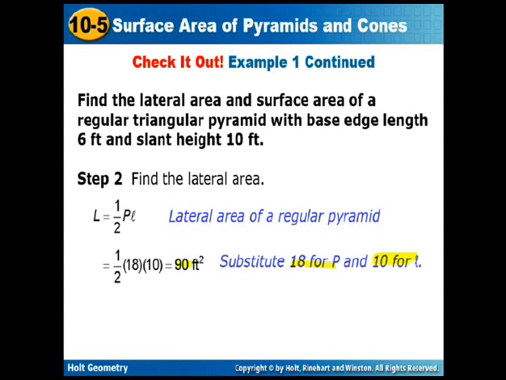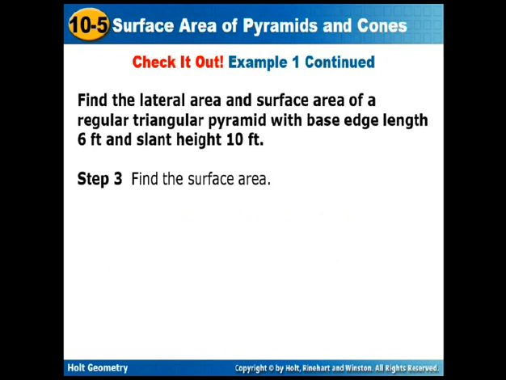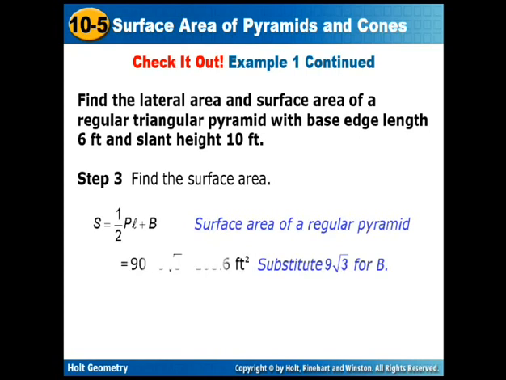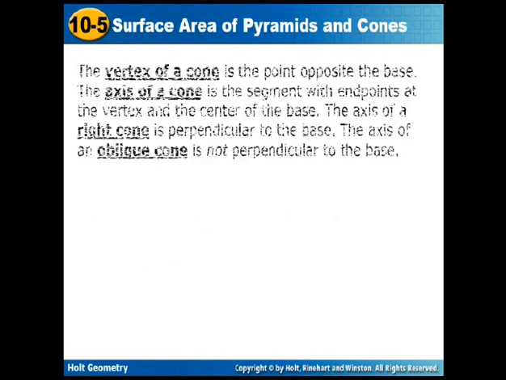This is the lateral area. And find the surface area. The surface area is the lateral area that we found in the first step, plus one base area. Substitute now. So it is equal to 105.6 approximately. This is the surface area of this pyramid.